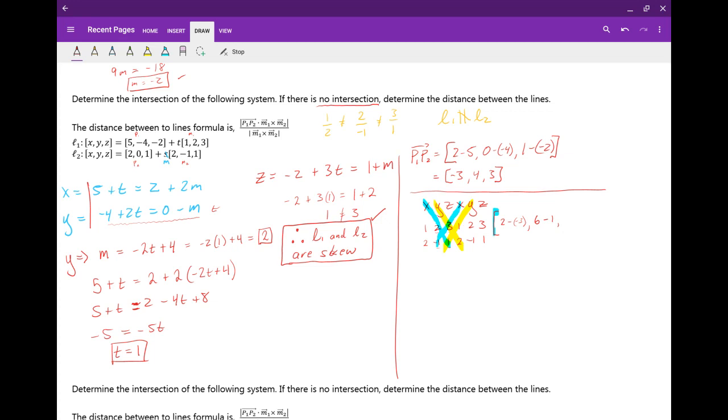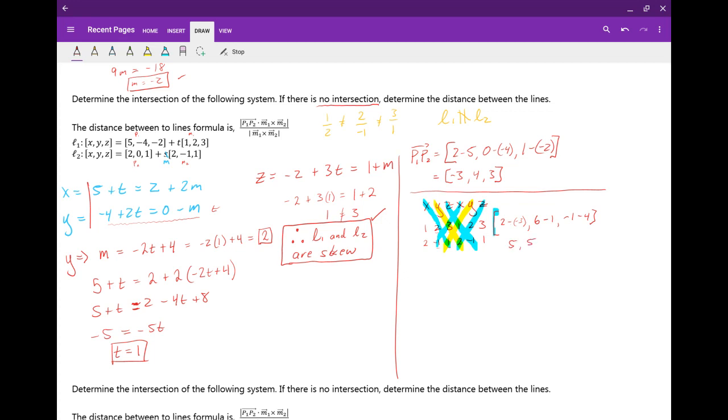And my Z component is going to use 1 times negative 1 and 2 times 2. So my Z component is going to be negative 1 minus 4. And so I'm looking at 2 plus 3, or 5, comma, what's 6 minus 1?